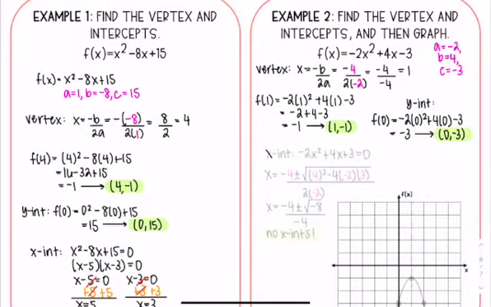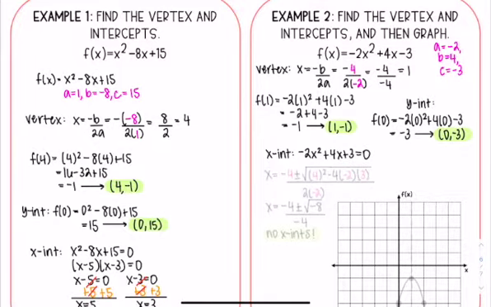And we need to find the x-intercepts. And so that's when we set the equation equal to 0. So we have negative 2x squared plus 4x minus 3 equals 0.